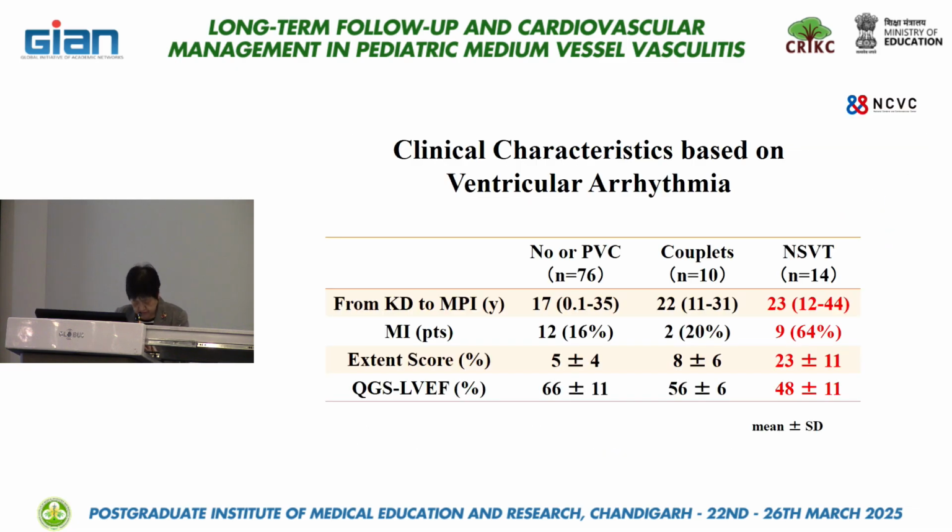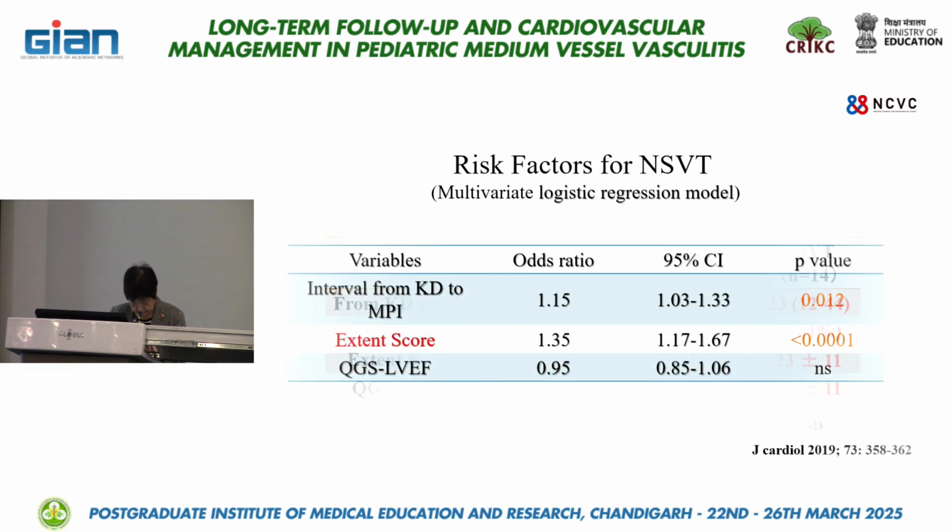This table shows the clinical characteristics of each ventricular arrhythmia group. In the NSVT group, note the long interval from the onset of KD, the higher extent score, and low LVEF. The next slide shows the result of multivariate analysis.